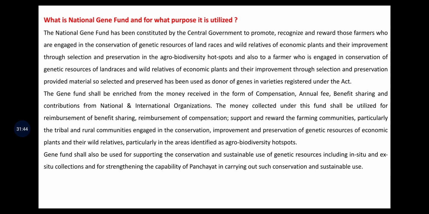What is National Gene Fund, and for what purpose is it utilized?